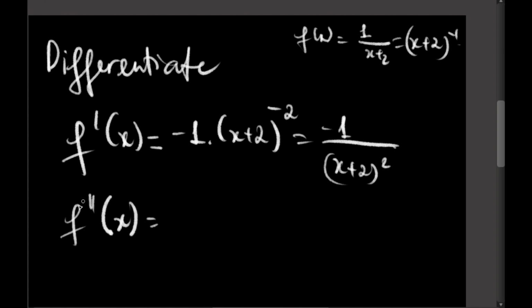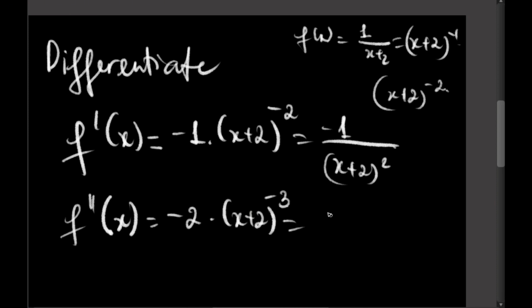So f double prime. You're going to differentiate this and do the same thing. So we put -2 here, and then we put -3 for the whole thing, and this is what we have.